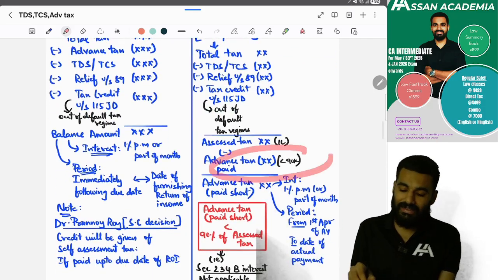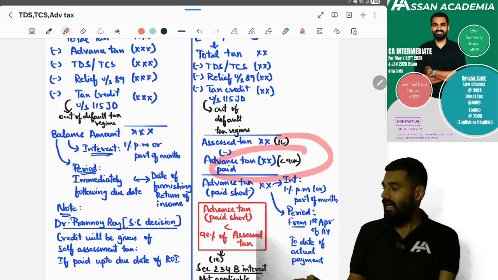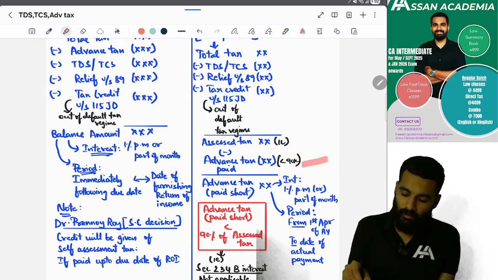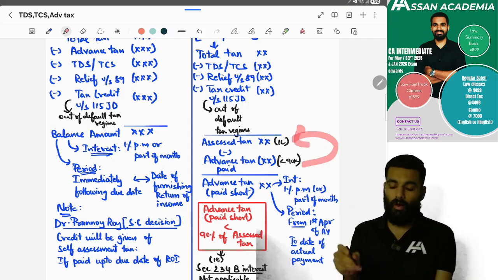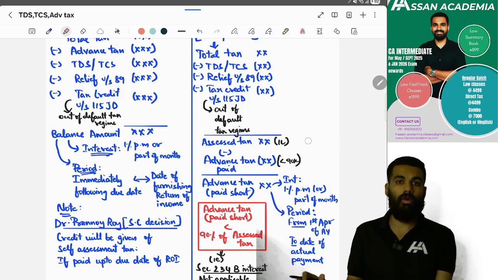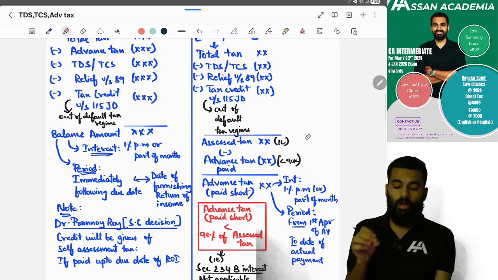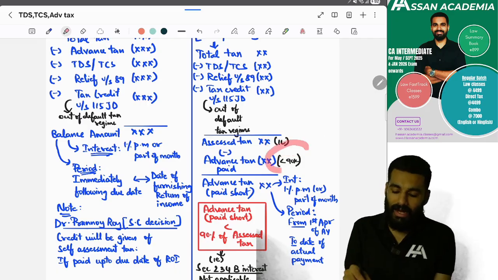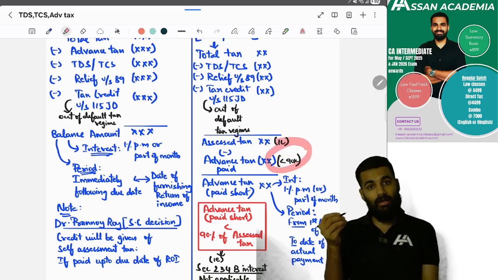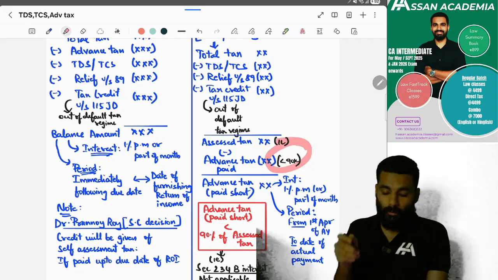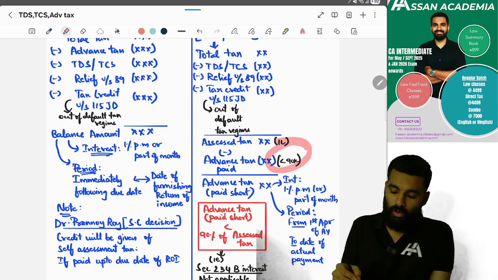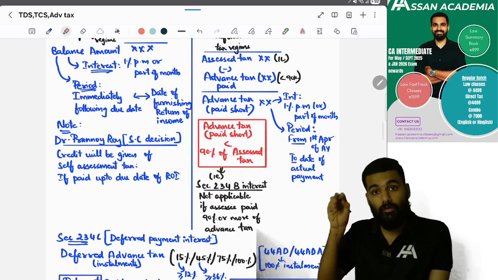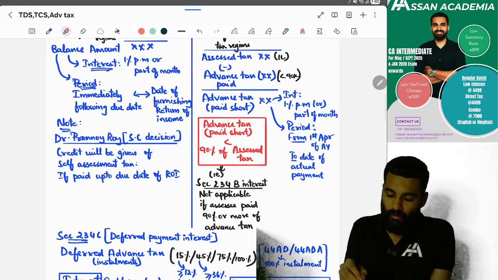If this is more, no problem. But if this is not more, for example, if the assessed tax is 1 lakh rupees and advance tax is 90,000 rupees, there is a shortfall. In this situation, you have to see when 234B interest will be applicable.